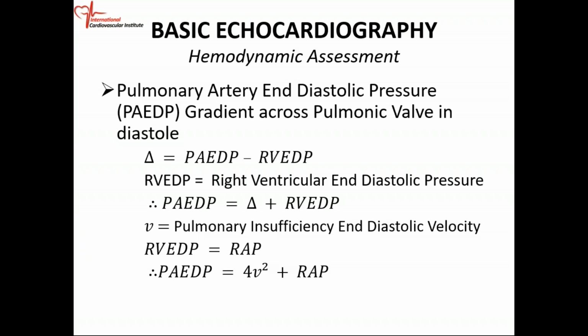That is the definition of pulmonic insufficiency, pulmonary regurgitation. The normal flow of blood across the pulmonic valve is from the right ventricular outflow tract across the pulmonic valve into the pulmonary trunk. That's a normal flow. If for whatever reason blood is flowing in the opposite direction, then we call that pulmonic regurgitation or pulmonic insufficiency.